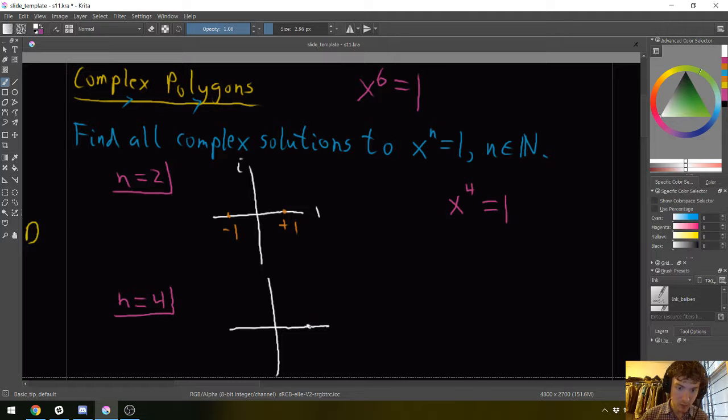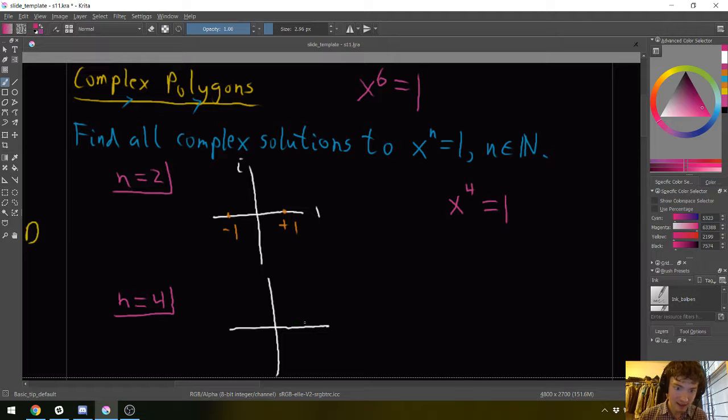So 1 and -1 are nice because they both square to 1. Those certainly work. But here we're raising x to the 4th power, so there should also be solutions where x squared is -1, because then if x squared is -1, the 4th power is 1. There we go.